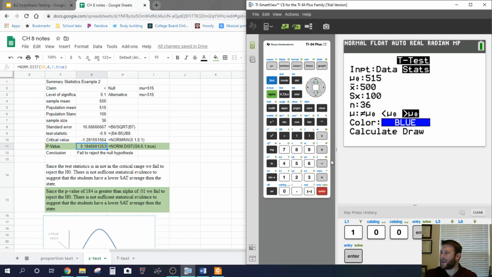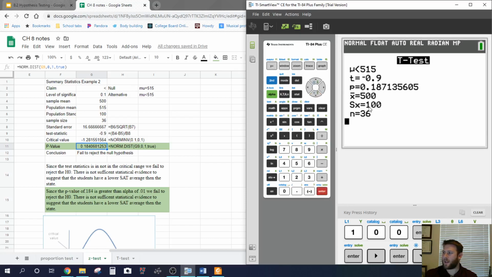Sample size is 36 this time, and we are dealing with a less than situation because that's what our alternative hypothesis says. And then there we clearly have our p-value right here, it matches, and then we can just compare the p-value to our alpha, which is 0.05, sorry, 0.1, and that's clearly greater than 0.1. So since the p-value of 0.184 is greater than alpha, we fail to reject the null.